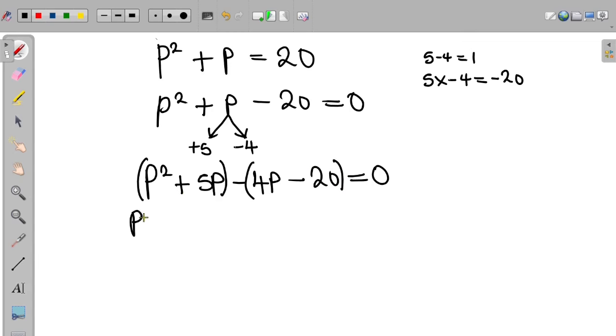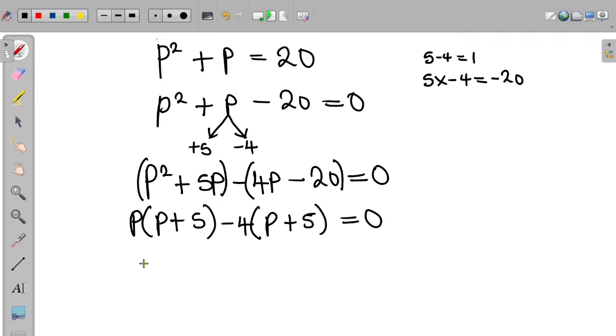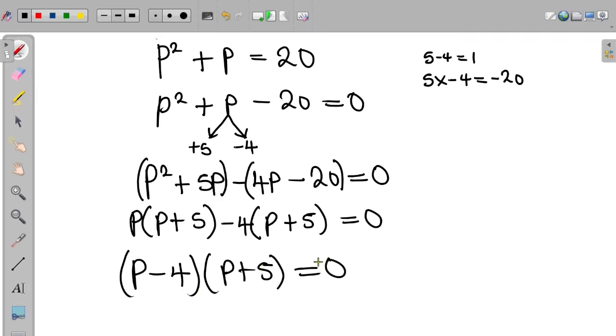So we have p, open a bracket, p plus 5. Now, at the second bracket, 4 is common because 4 is a factor of 20. So we have minus 4, open a bracket, p plus 5 equal to 0. So we have now that p minus 4 multiplied by p plus 5 equal to 0.